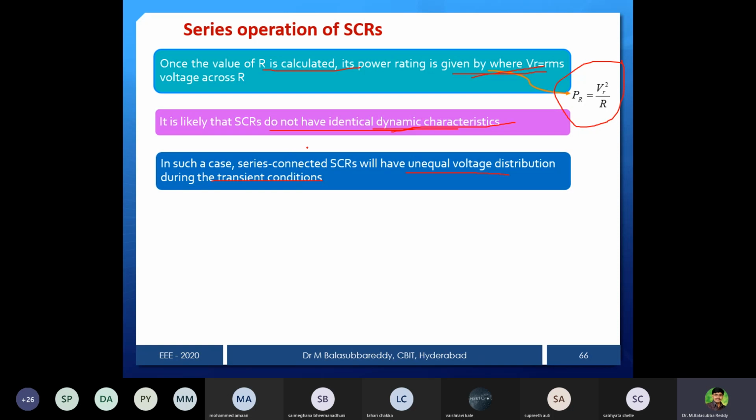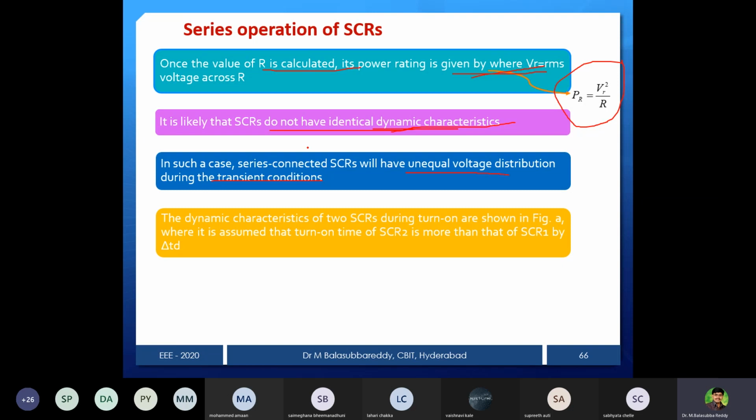During the on process and during the off process, the voltages are unequal. That condition also you have to address, because the operation may not be steady state. When the device is turning on or turning off, in the on process and off process we also have to make the voltage distribution equal.